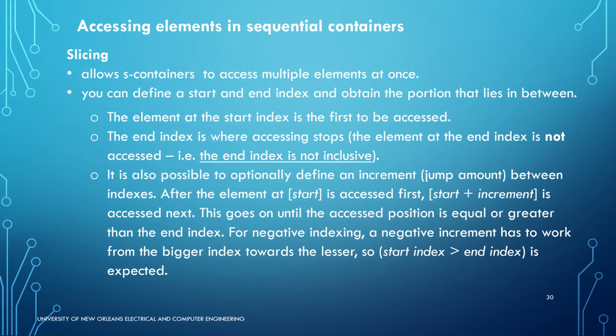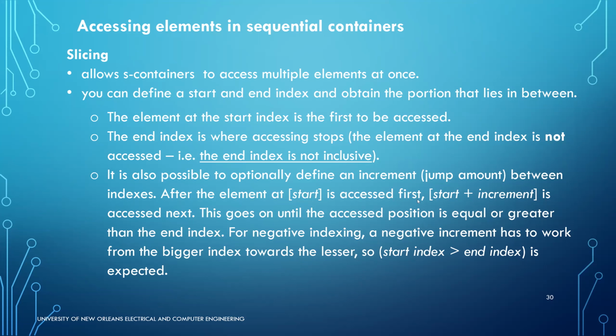Negative indexing is a little more challenging, and you're probably going to have to practice this a little more so that you can get used to negative indexes. For negative indexing, a negative increment has to work from the bigger index towards the lesser, so that the start index is greater than the end index. And you'll see how this works in several examples we'll do in just a few minutes.